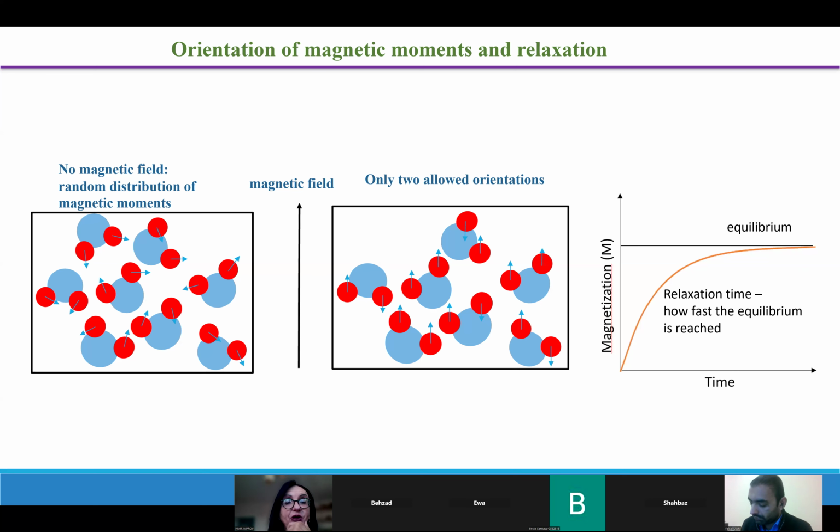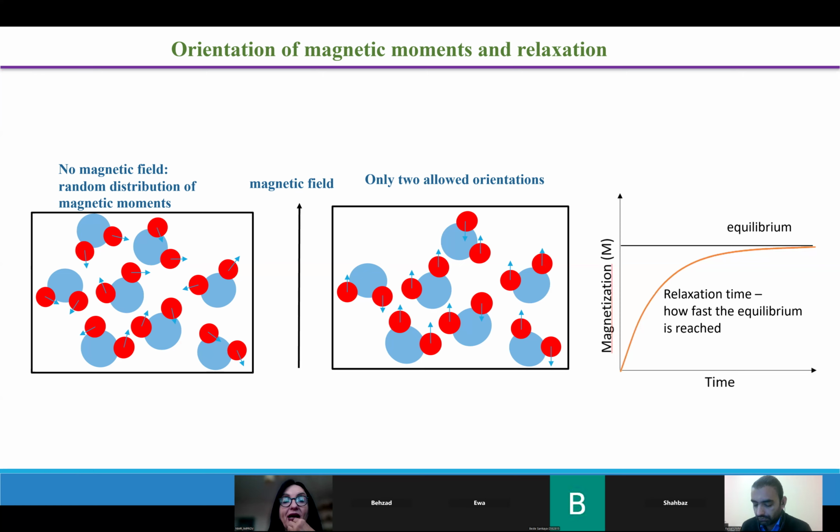However, there's something even trickier. The magnetic moments can be oriented only parallel or anti-parallel to the applied magnetic field. I mean, if there is no magnetic field, you take a glass of water and put it on a table, the magnetic moments are oriented completely chaotically. All possible directions are allowed.